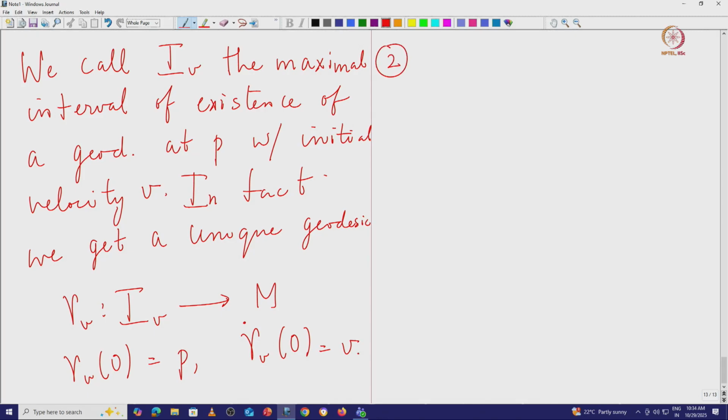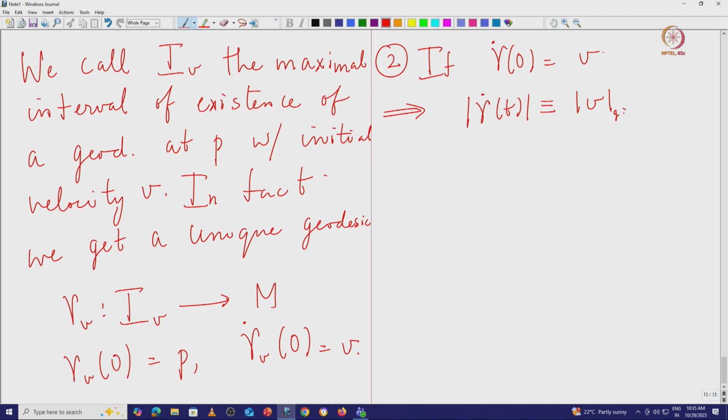Let me also make another quick remark that if gamma dot of 0 is V, this implies that the constant speed of your geodesic is of course just going to be the norm of V, the norm computed with respect to g.